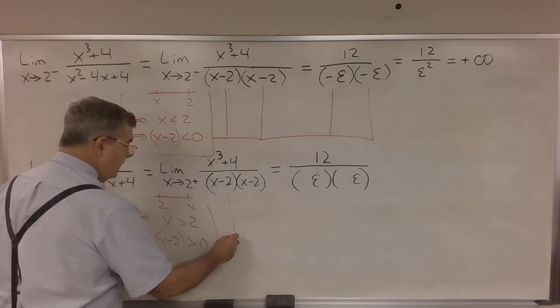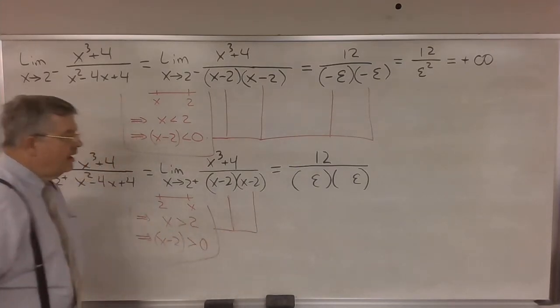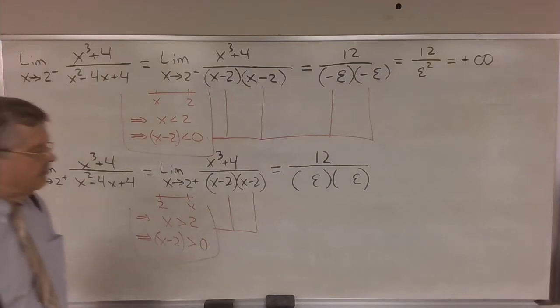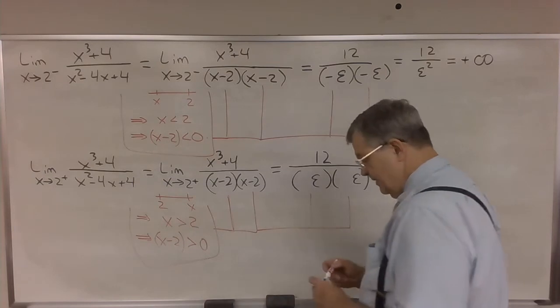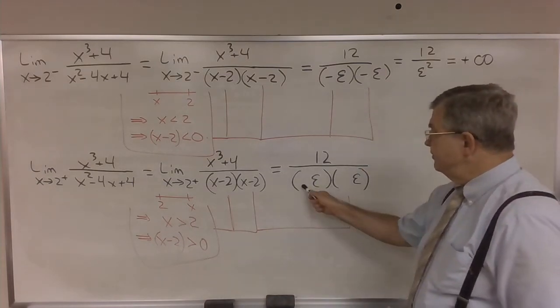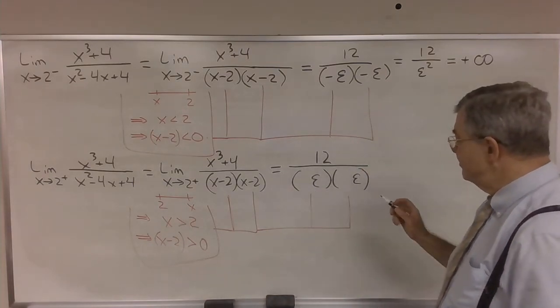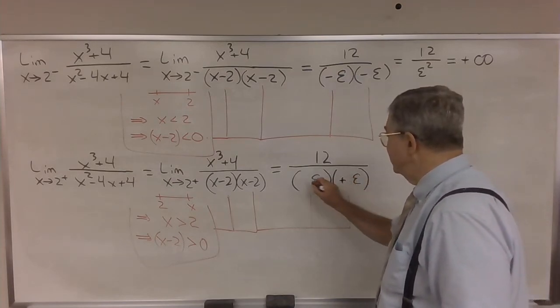So these two factors are both going to go to 0 through positive values. So this factor and this factor we'll represent with a plus epsilon.